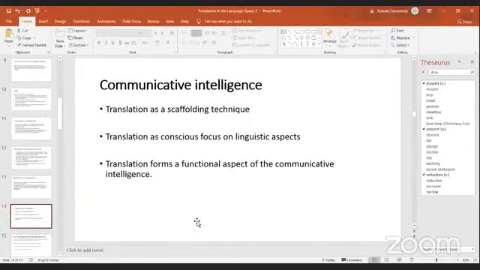Now, what is the communicative intelligence of a translator? The whole process of translation entirely reflects the process of communication.